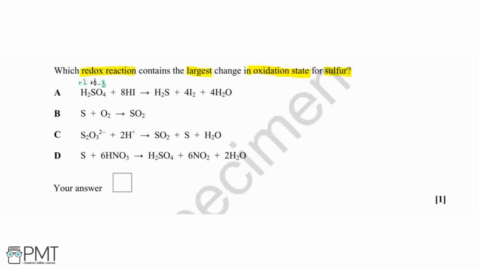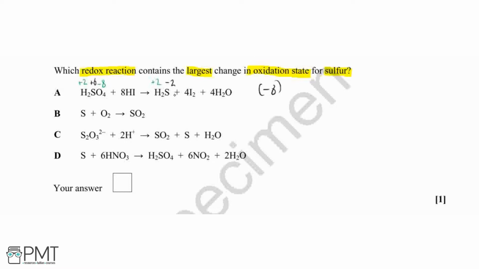On the right-hand side, with our sulfur-containing compound, we've got 2 lots of +1 again from the hydrogen. Therefore, the sulfur will have to be in oxidation state -2 for this compound. So we're going from +6 to -2, which is a change of -8.